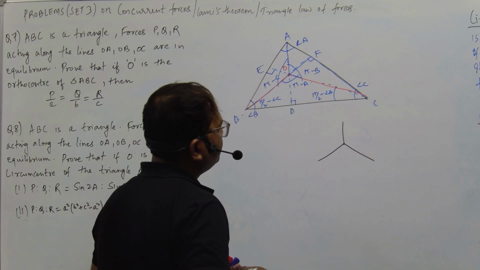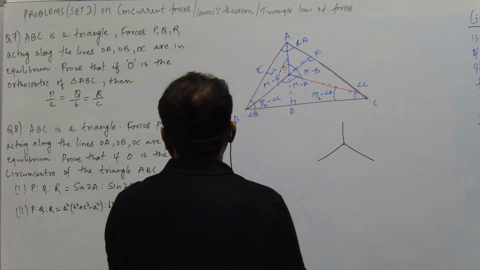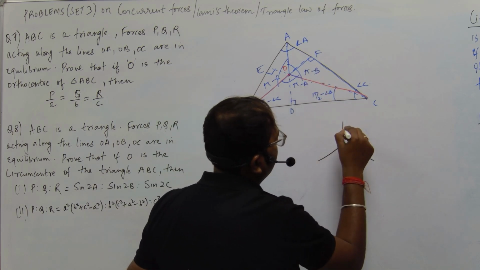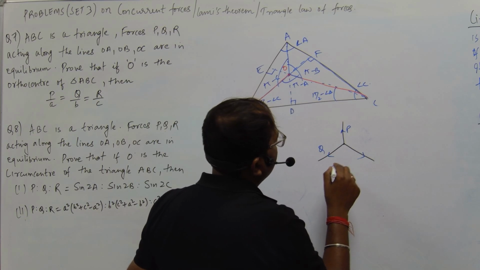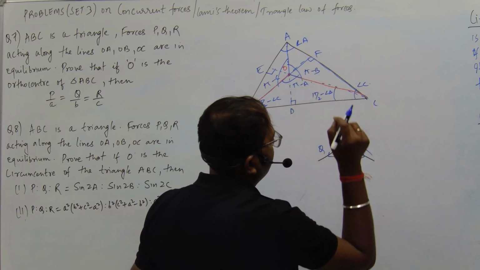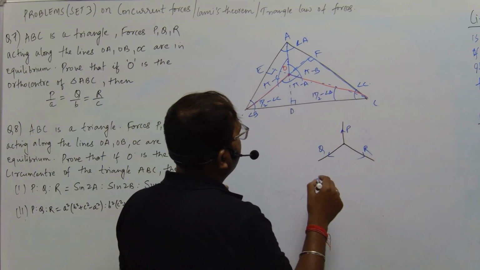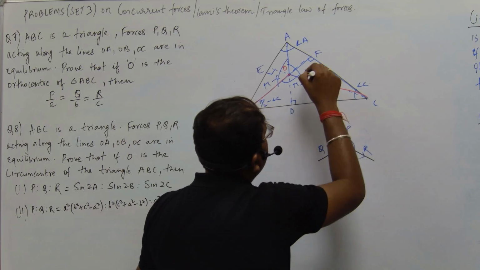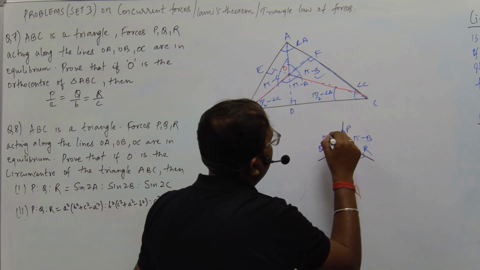We have the forces P, Q, R acting along OA, OB, and OC respectively: P along OA, Q along OB, and R along OC. Angle BOC is pi minus A, similarly this is pi minus B, and this is pi minus C.